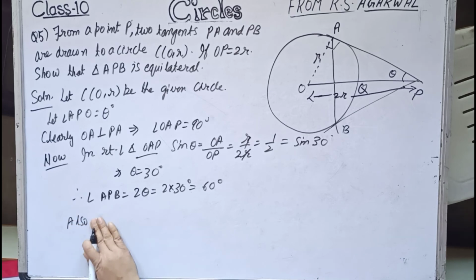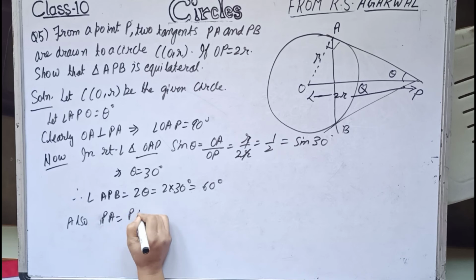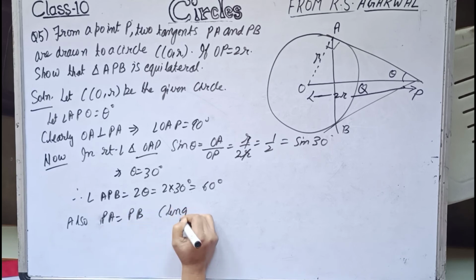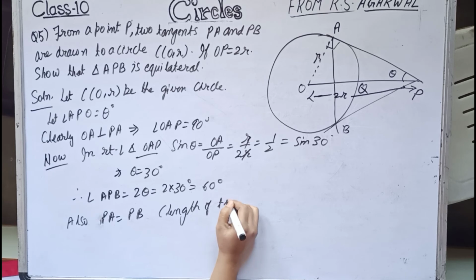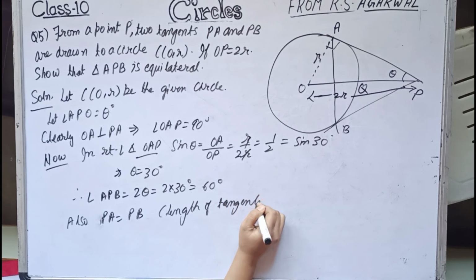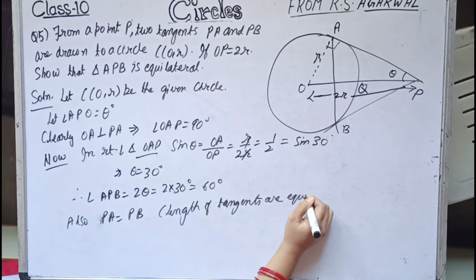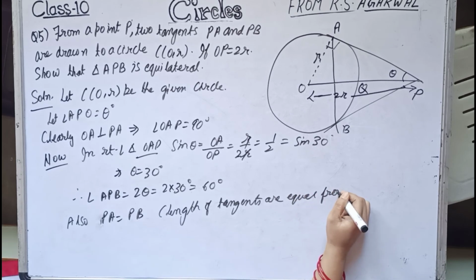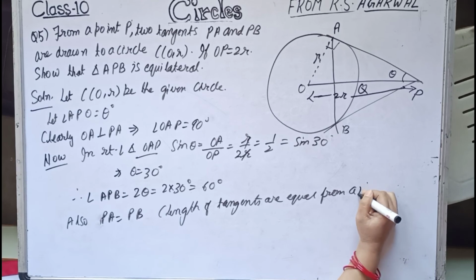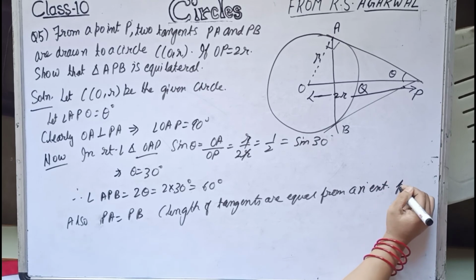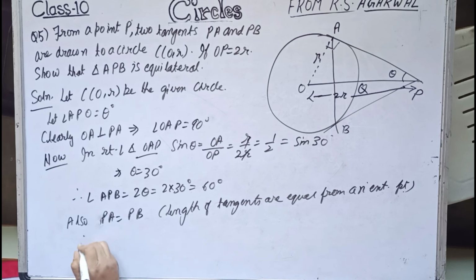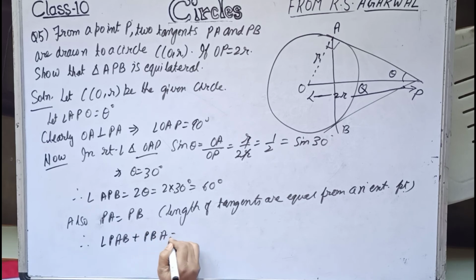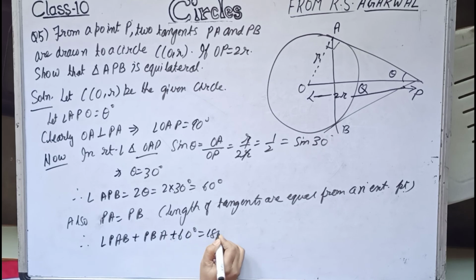Also, PA equals to PB. Length of tangents are equal from an external point. Therefore, angle PAB plus angle PBA plus 60 degree equals to 180 degree.